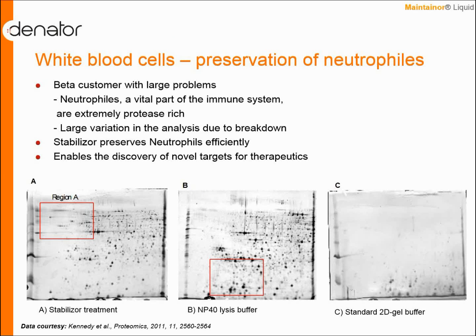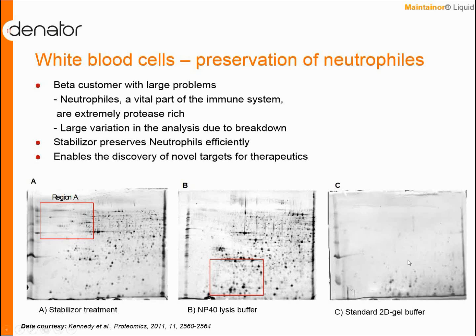What they do is that they digest other stuff in the cell. So it's a very challenging sample where you have this interesting mix of lots of proteases, and of course also, when you homogenize it, a lot of vulnerable proteins.